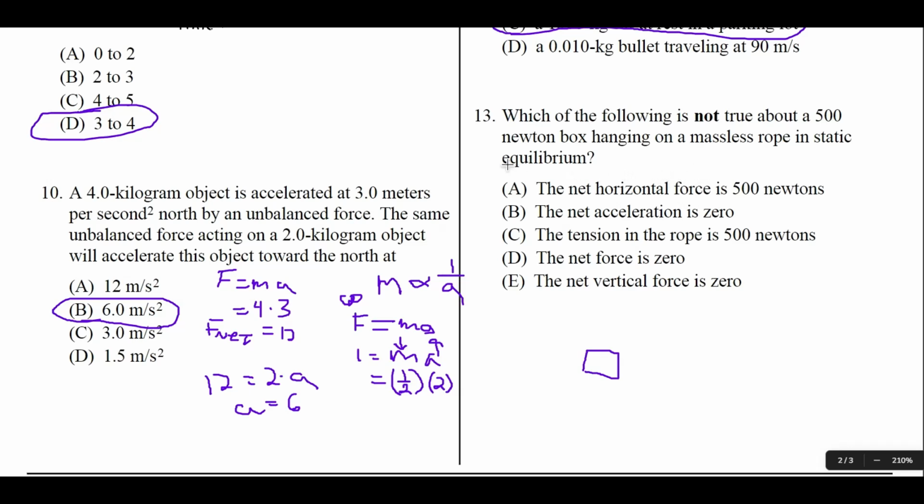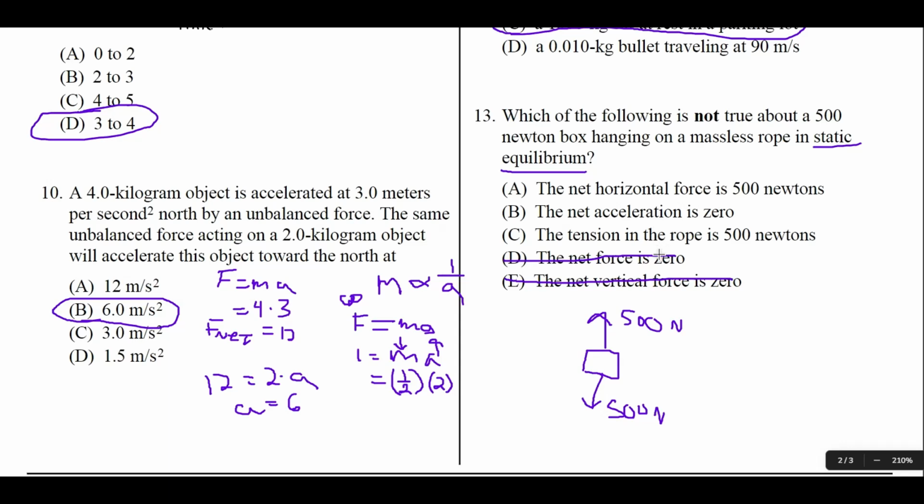If the object is in static equilibrium, that's just another way of saying that the forces are balanced. So the net vertical force is 0. That is true, so that one's not going to be it. The net force being 0 is also true. The tension in the rope is 500 newtons. That pretty much makes sense, because if the weight of the box is 500 newtons, then the tension in the rope should also be 500 newtons.